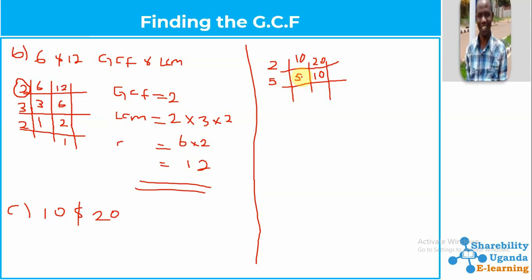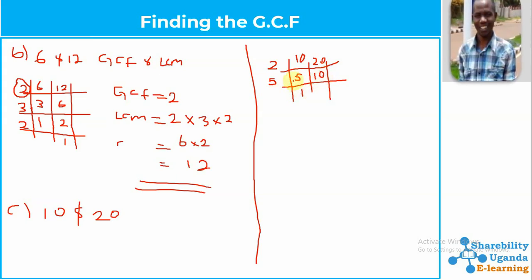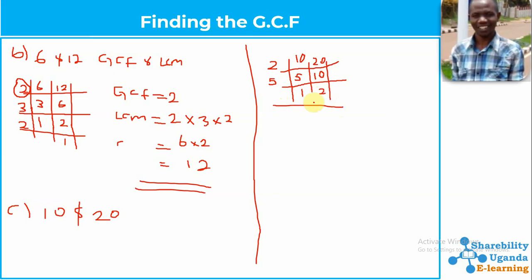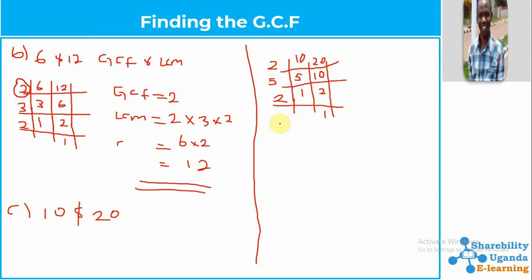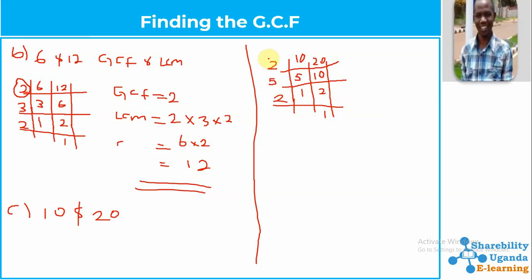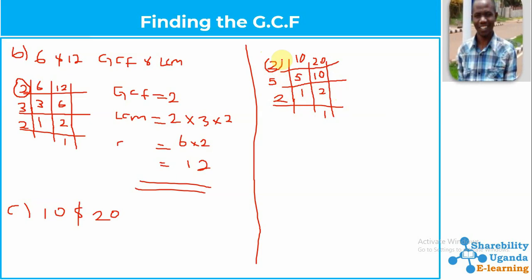So we have 5 divided by 5, 10 divided by 5, we have 2. So we shall still have our 2 here. 2 divided by 2, we get 1.